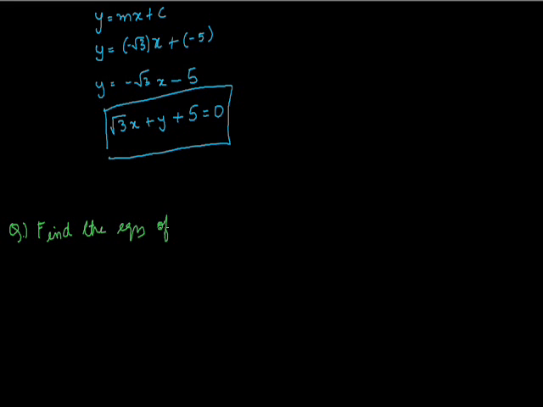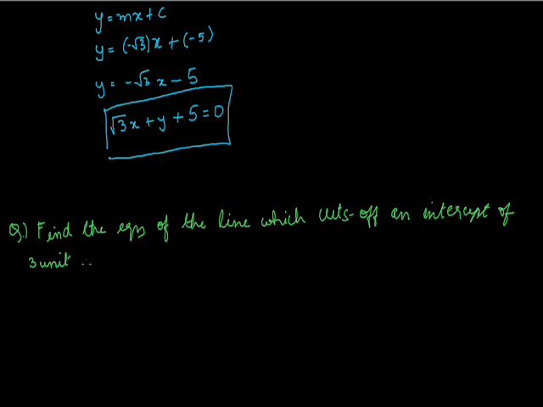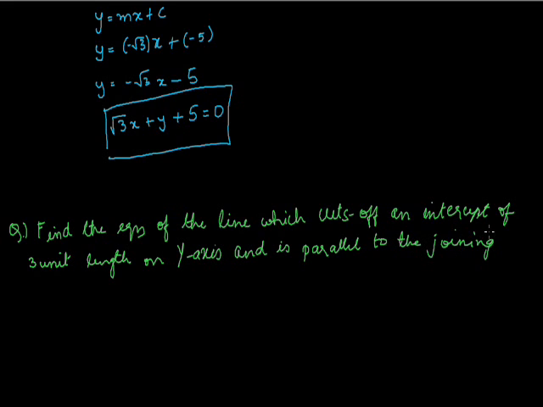Find the equation of the line which cuts off an intercept of 3 unit length on the y-axis and is parallel to the line joining the points (3, -2) and (1, 4).